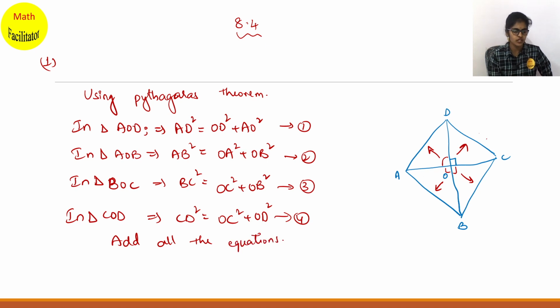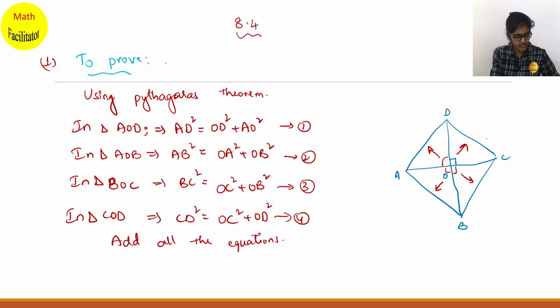Why are we adding all the four equations? Just see what you have to prove. You have to prove that the sum of the squares of the sides of the rhombus. The sides are AB, BC, CD and AD.